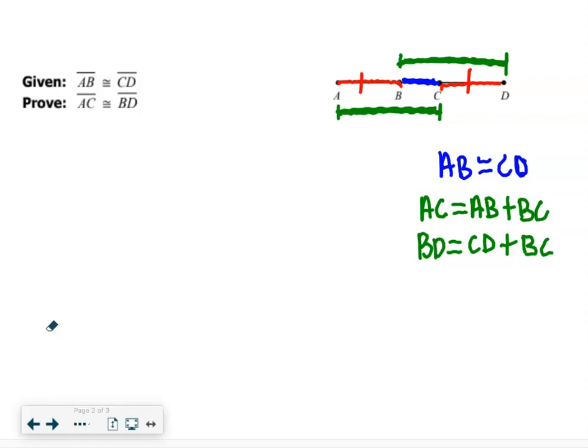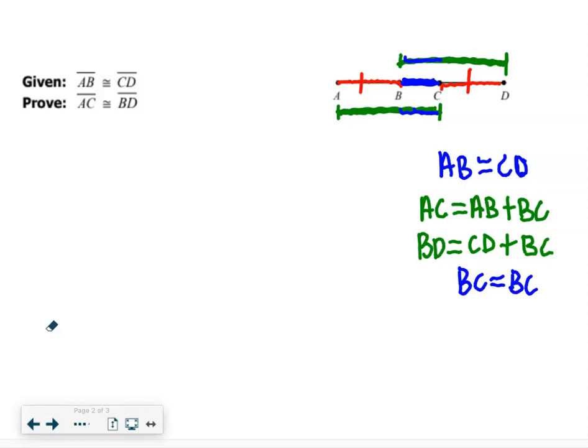Now, let's look, folks. Do those two green segments, AC and BD, share anything? Is there anything they have in common? I hope you're thinking, yes, look, BC is in both of them. It's right here, and it's right here. So BC is equal to itself.